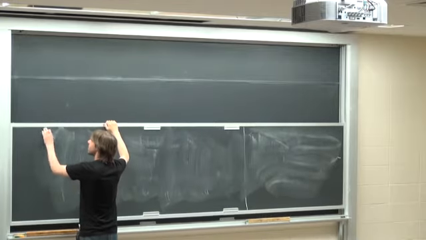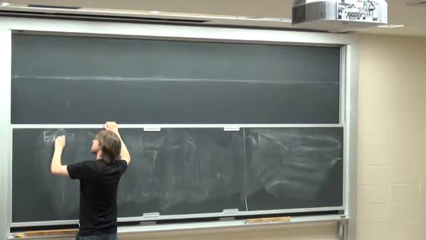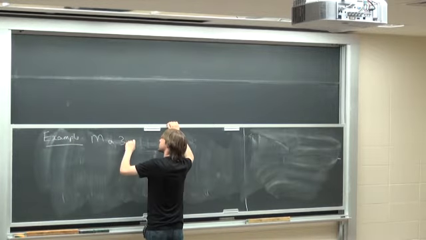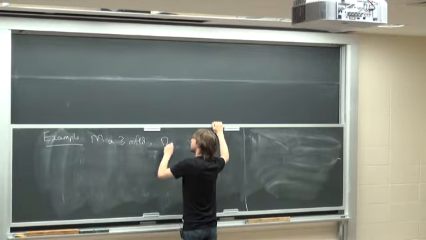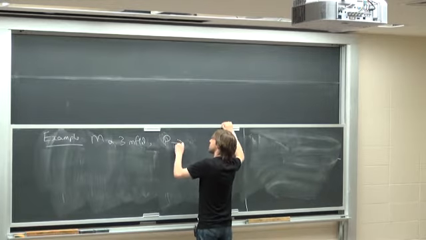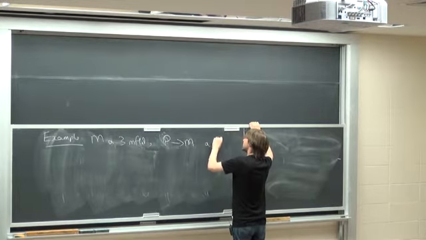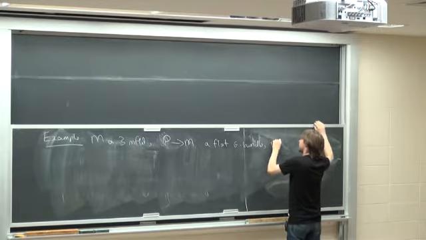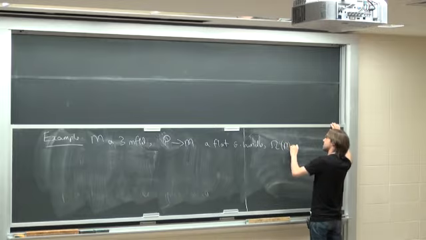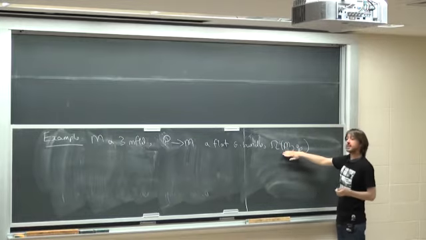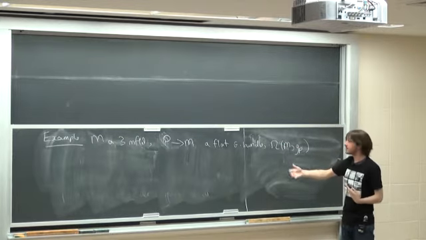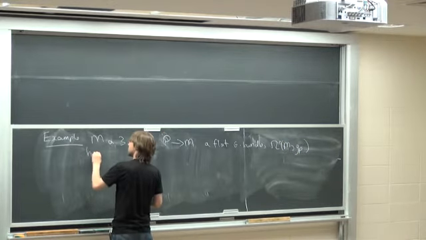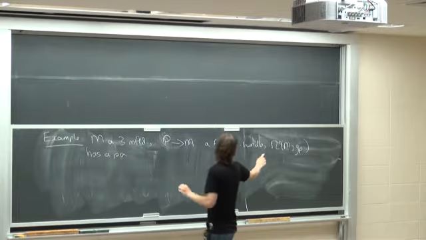So an example of something with a pairing: take a three-manifold M, and I take a flat G bundle on M. Then this guy describes the moduli of flat bundles and has a pairing. What's the superscript here?